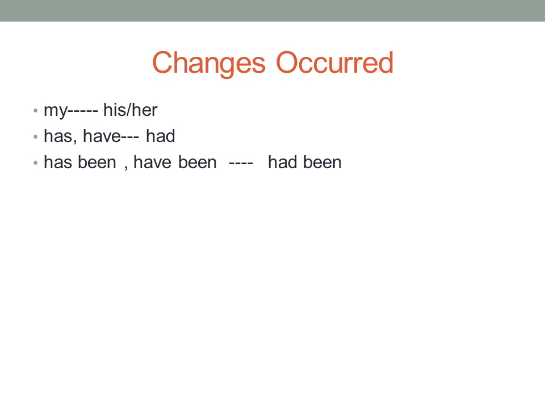You please keep in mind these changes. Then we move to the next example. Once again, I request you to keep in mind the changes that occurred. Then only you can understand the example in the next slide.